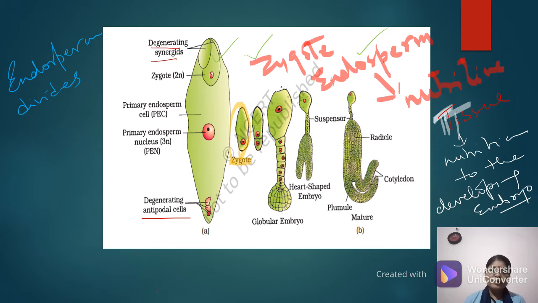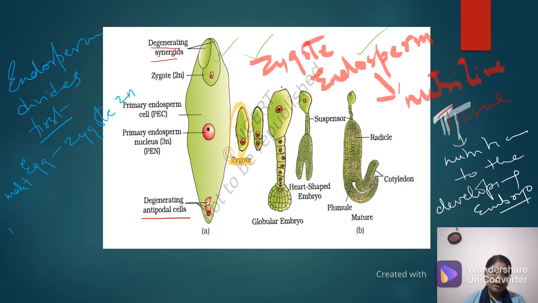Mitosis. It divides first, and remember this kind of fertilization which we have studied: your male gamete fuses with your egg, and male gamete plus egg gives you the zygote, which is 2n.